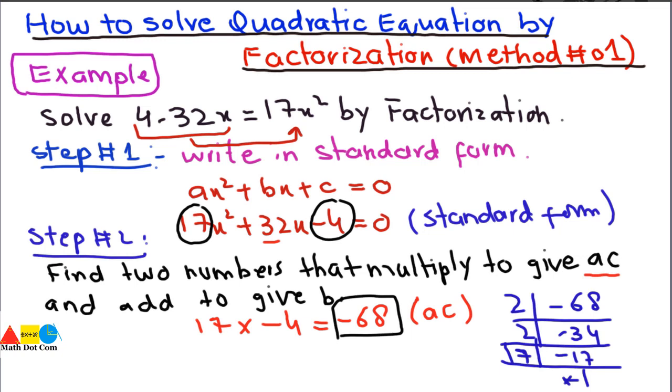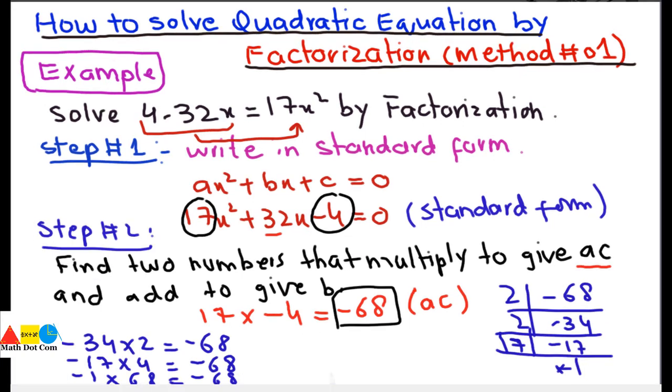Minus 68 can be written as minus 34 into 2, which gives minus 68, and the other is minus 17 into 4, which gives minus 68. The minus can be with any number; it could be with 2 or 34, or with 4 or 17. Another is minus 1 into 68, which equals minus 68.